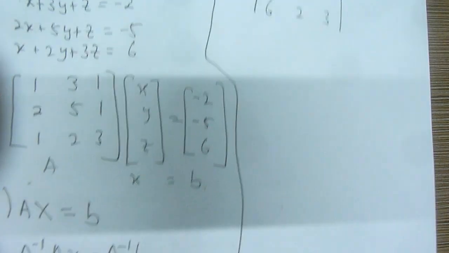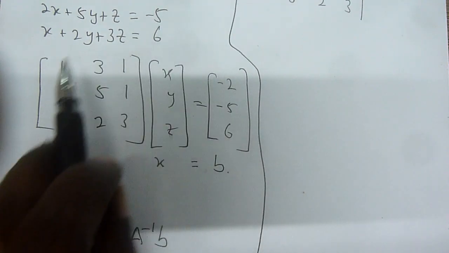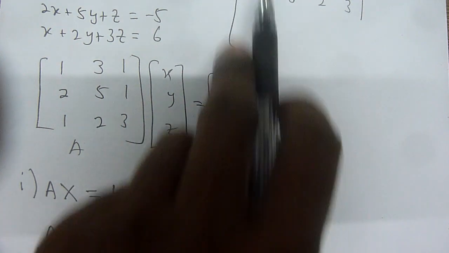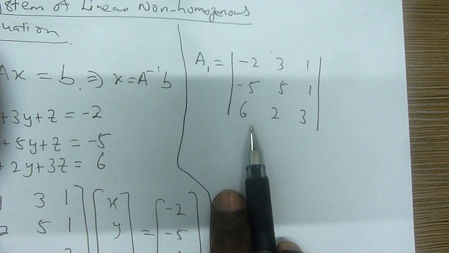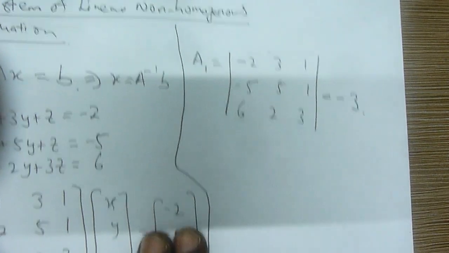What am I doing here? Look at this. I'm taking the B and placing it in the first column of A. I call it A1. Then I find the determinant of this, and I get the solution as -3.